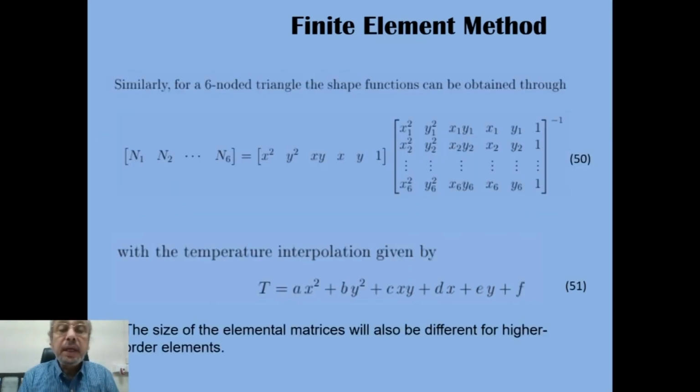Similarly, if we take a six-noded triangle, we just add three more nodes on a triangular element, and then the shape functions can be N1, N2, up to N6, and this will be given by x square, y square, xy, x, y, 1, this row multiplied by inverse of this matrix.